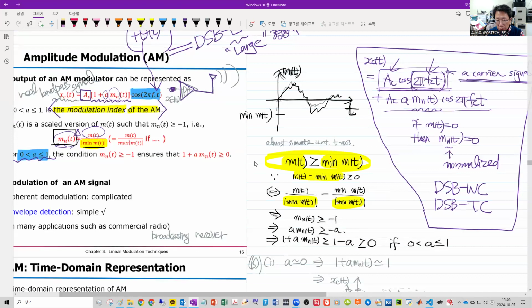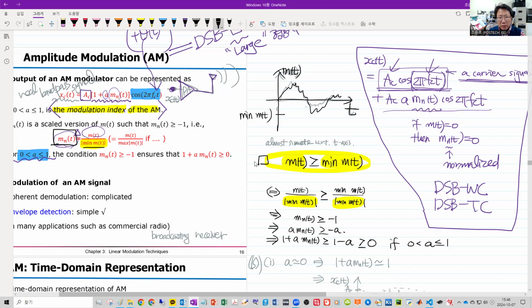Or let me just do this, because it would be simpler. So let me just delete this one. So we have started from M of t is lower bounded by the minimum of M of t. And we divide both sides with a non-zero value, the absolute value of the minimum of M of t.